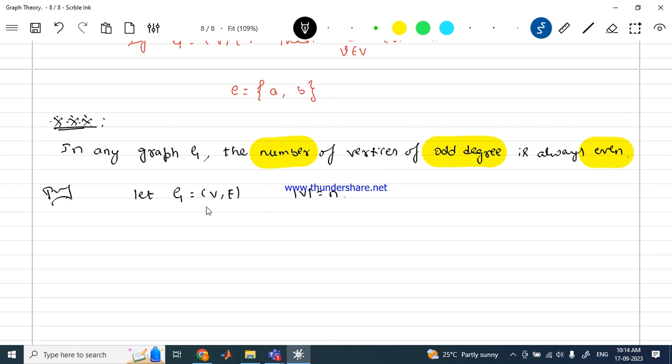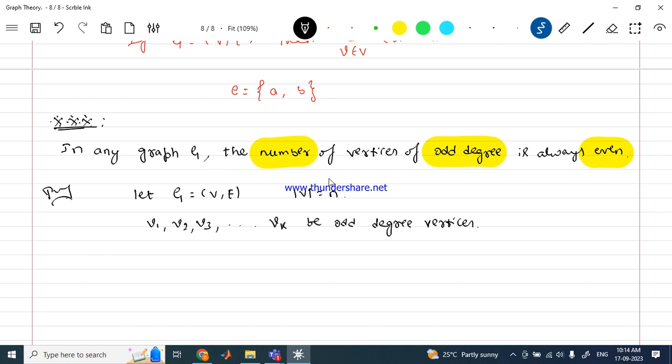Let V1, V2, V3 and so on up to Vk be the odd degree vertices.